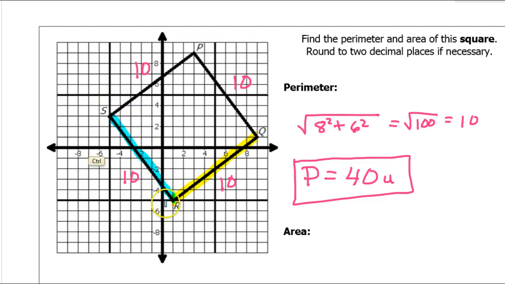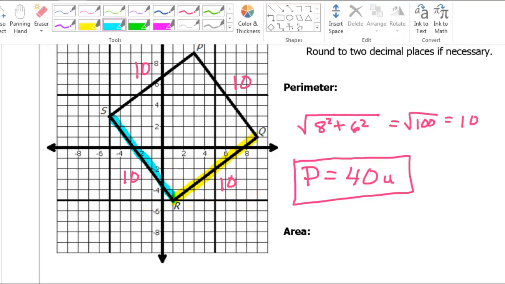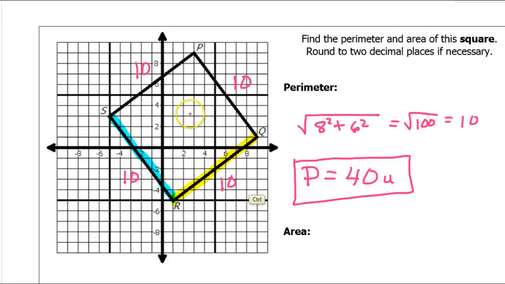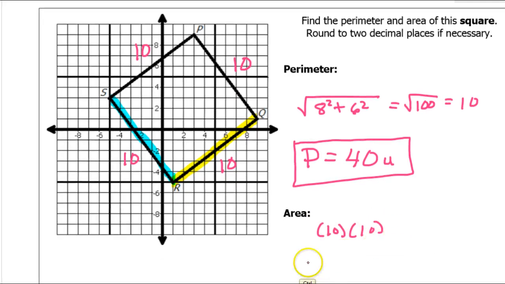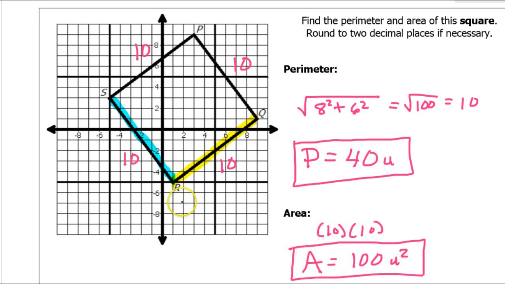And it's a square, so these two are perpendicular to each other, so I can use these as the base and the height. So since the area is just base times height, that's just going to be 10 times 10. Okay, so the area is equal to 100 square units. Easy peasy.